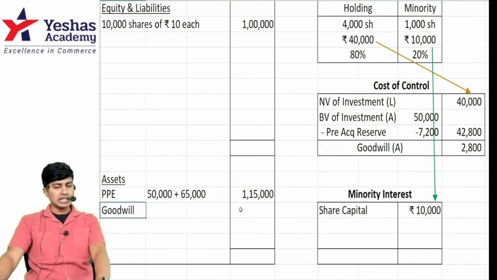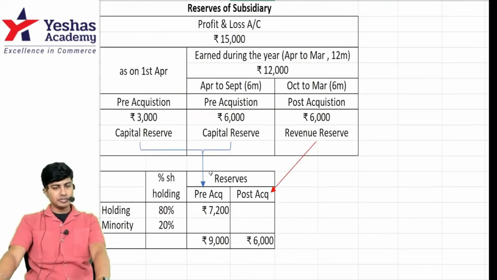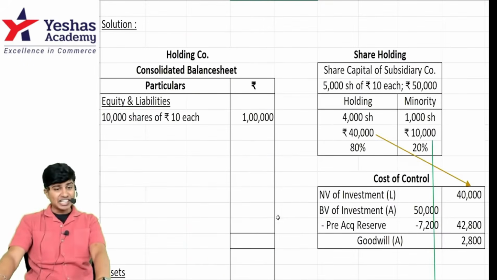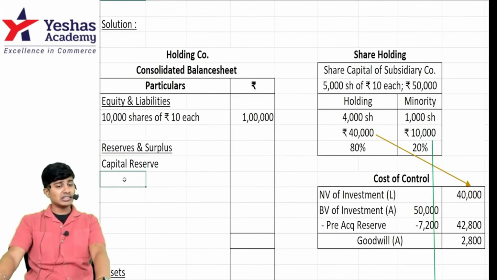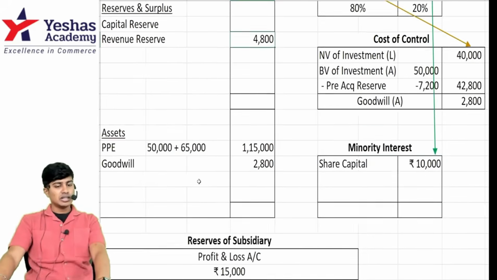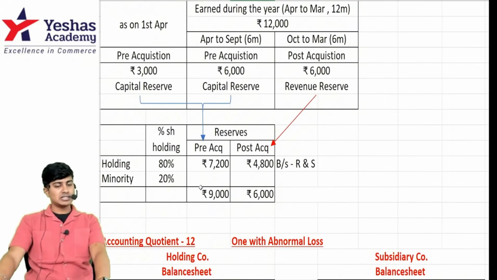I'll write it in the balance sheet on the asset side. Understood? Then holding's share in post-acquisition, 6,000 into 80%, 4,800. Where do I write? Balance sheet, reserves and surplus. Capital reserve, revenue reserve. Understood?